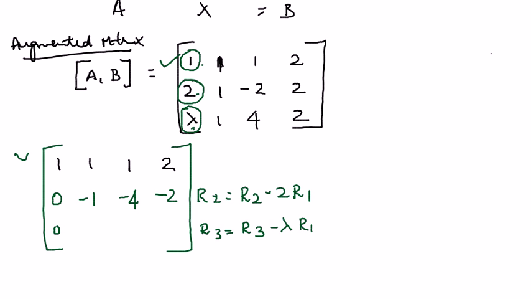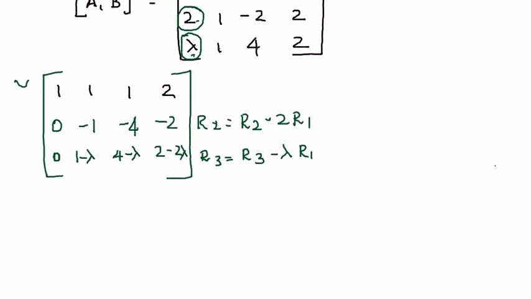So this becomes 0, then 1 minus 1 into lambda, so I'll just write it as 1 minus lambda. 4 minus 1 into lambda becomes 4 minus lambda. And 2 minus 2 times lambda becomes 2 minus 2 lambda. Okay? So till now it's fine.